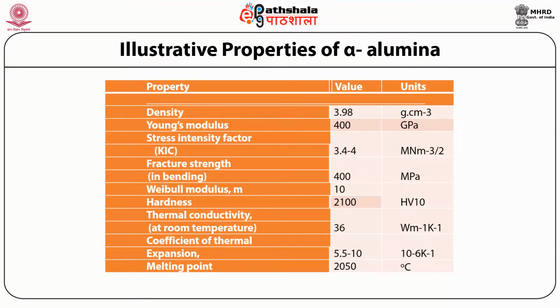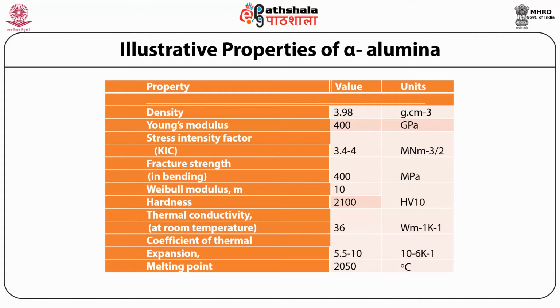This table illustrates the properties of alpha alumina. Students, you can see different properties of alpha alumina like density, Young's modulus, stress intensity factor, fracture strength, Weibull modulus and hardness. The hardness of alpha alumina is 2100, the density is 3.98 grams per cubic centimeter, and the Young's modulus is 400 gigapascals at room temperature.